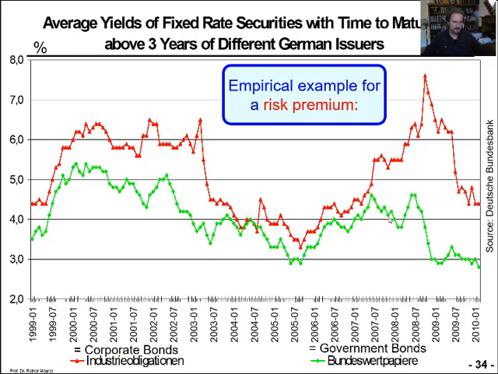As a result, investors sold corporate bonds and their returns became again larger. So in financial markets, the risk premium varies if there's information that the risk varies, which makes sense, of course.